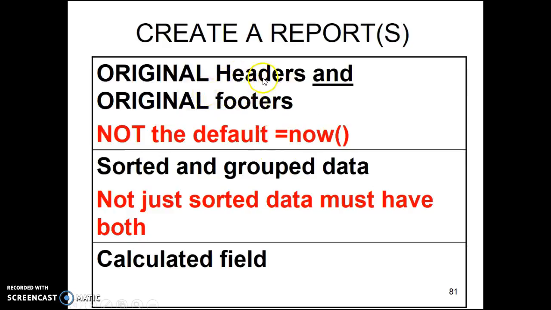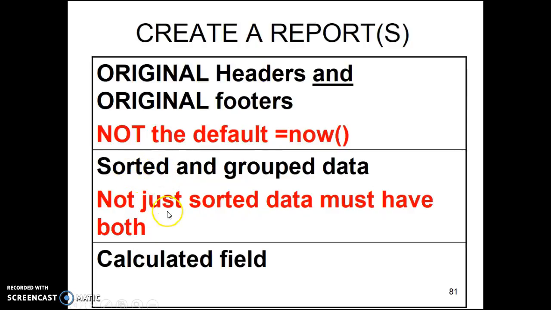In the header you can put the company logo, the names, etc. In the bottom you can add the date it was printed on. You could put the page number, but you have to write it yourself. You can't use what Access produces, and they know what Access produces. So don't leave the default settings there or they will deduct marks.